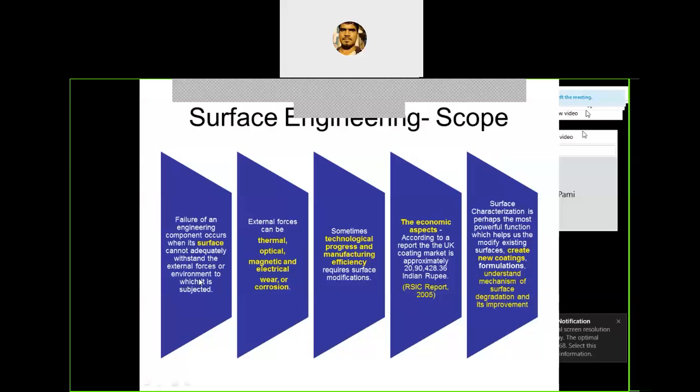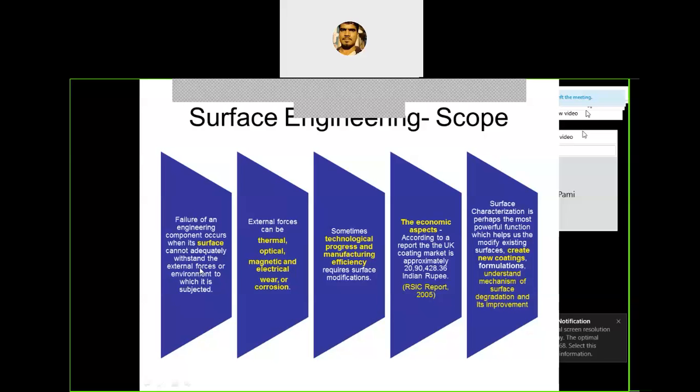Next, the external forces can be thermal forces, optical forces, magnetic forces, or electrical, or wear or corrosion. These all act on the surface of the component, because the thermal load first enters the surface, then penetrates to the interior. Correct?